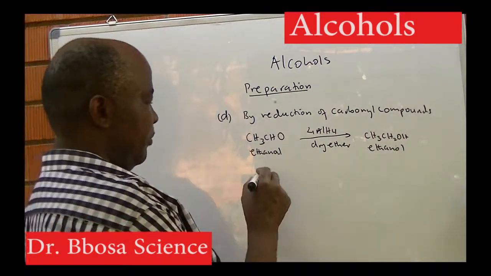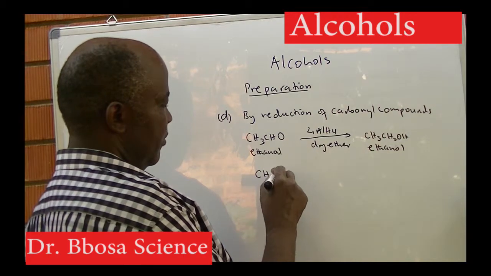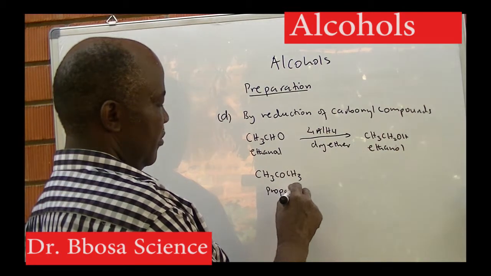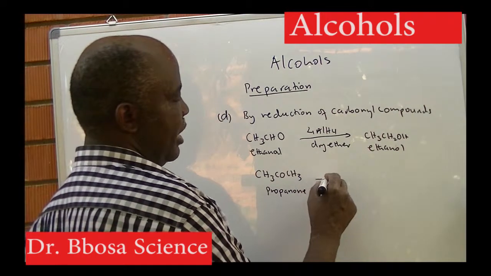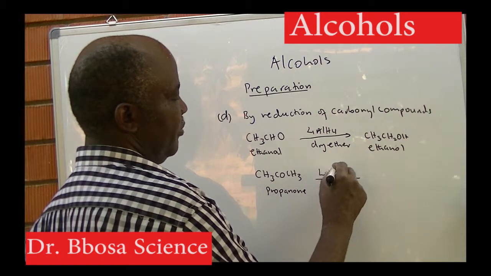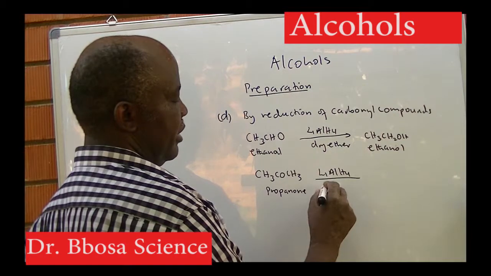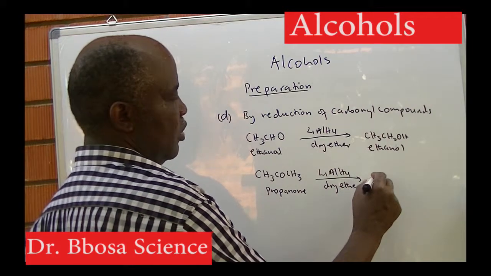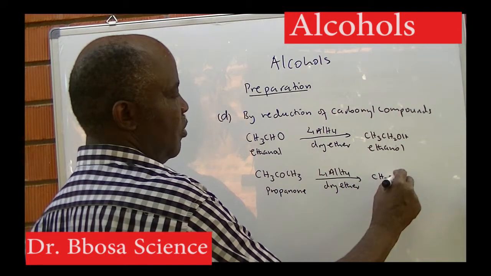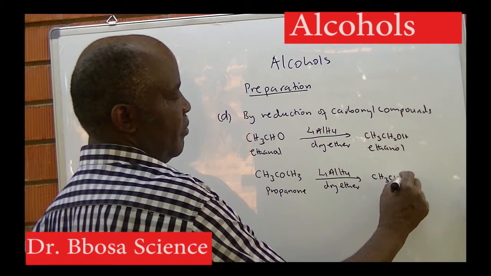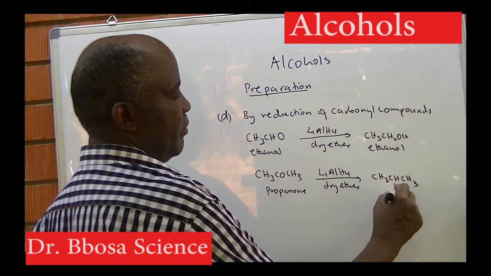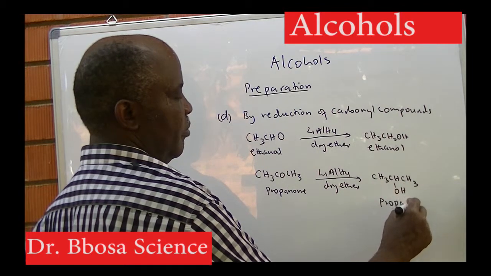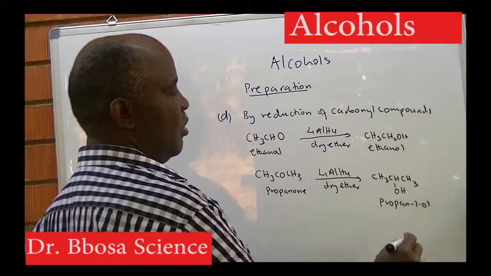Will give you ethanol. Propanone is reduced by lithium aluminum hydride in dry ether to propan-2-ol.